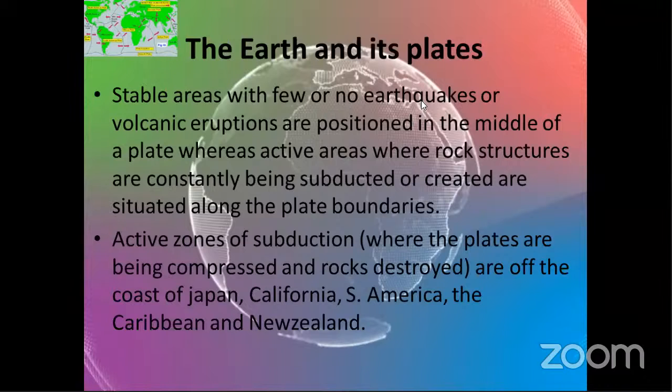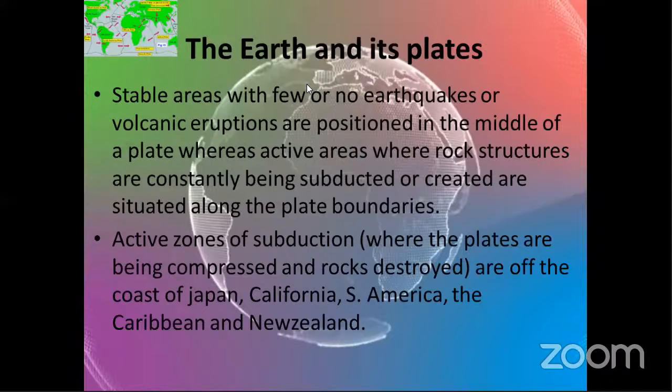Active zones of subduction, where the plates are being compressed and rocks destroyed, are off the coast of Japan, California, South America, the Caribbean, and New Zealand. So here we are seeing those active zones where earthquakes and volcanic eruptions are happening now and again.